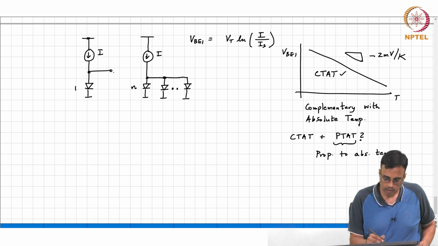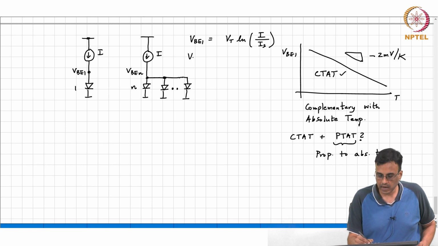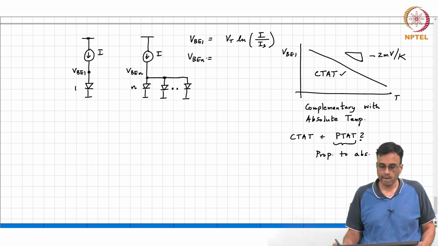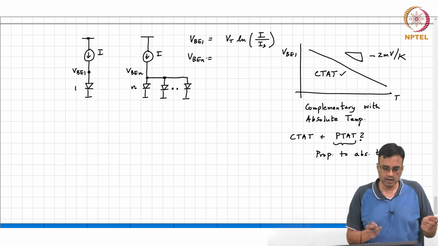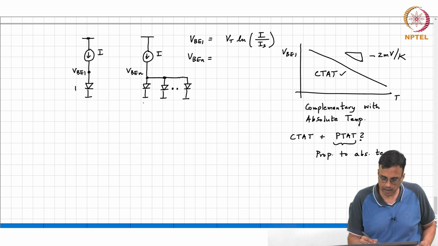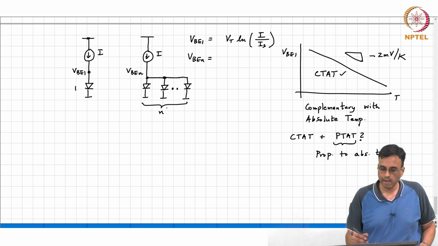So, this is VBE1. So, what is VBEN? All the diodes are identical. This is nothing but n such diodes in parallel.